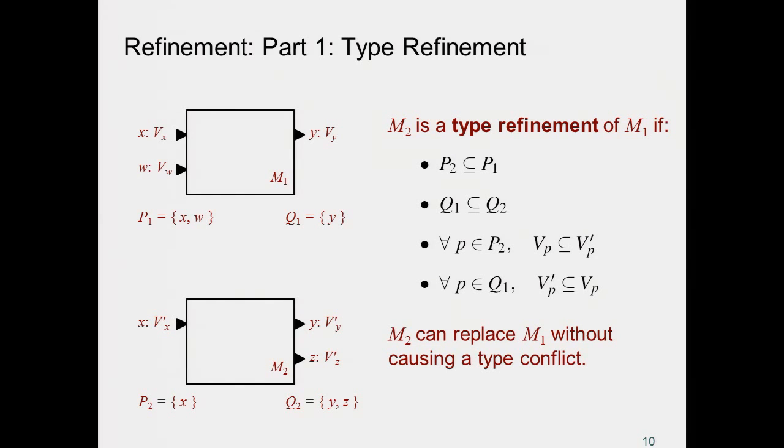So now the question is refinement, and you want to see whether a particular machine is a refinement of another one with respect to the type, and that is very simple.